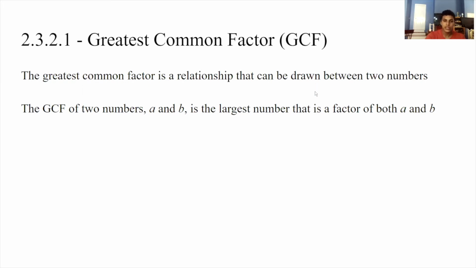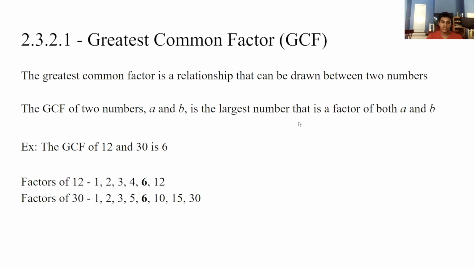So let me give you an example. If I had the numbers 12 and 30, and I had to find the greatest common factor between 12 and 30, so the largest factor that both of these numbers share, then it would be 6. The reason is that if I find all the factors of each of these numbers, the factors of 12 are 1, 2, 3, 4, 6, and 12.